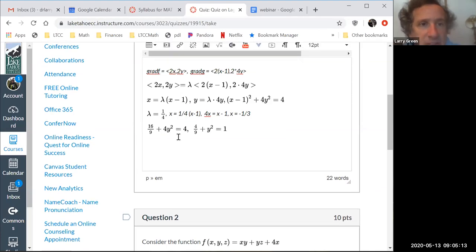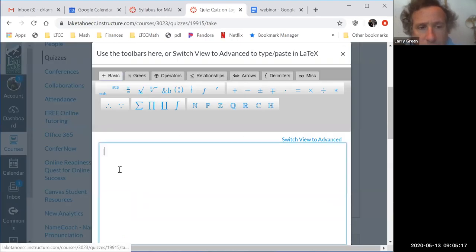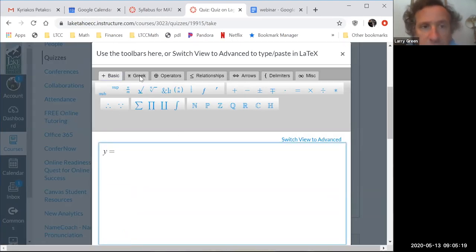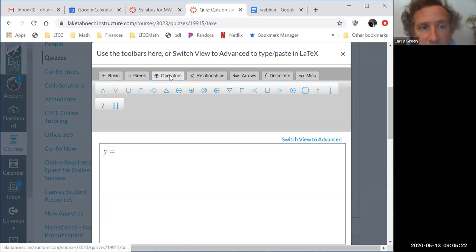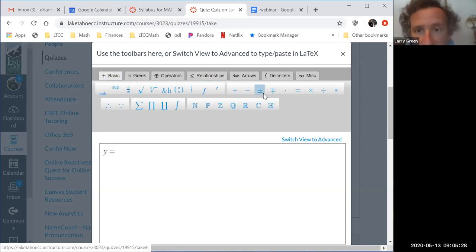So let's write that out. So y equals plus or minus the square root of 5 over 3.